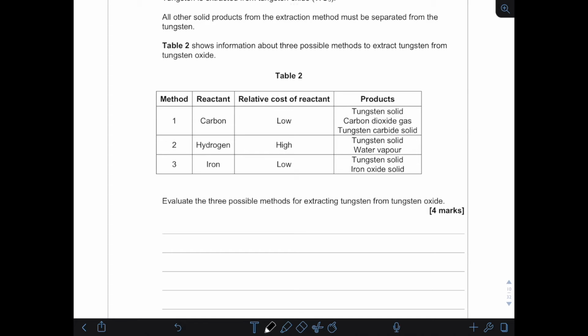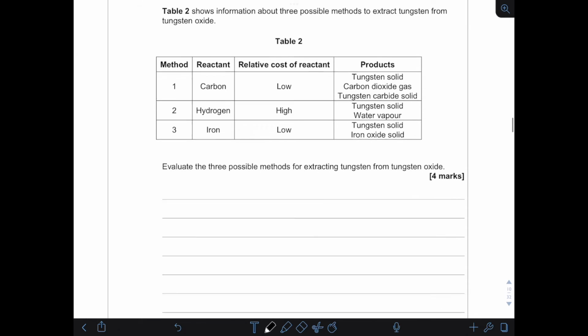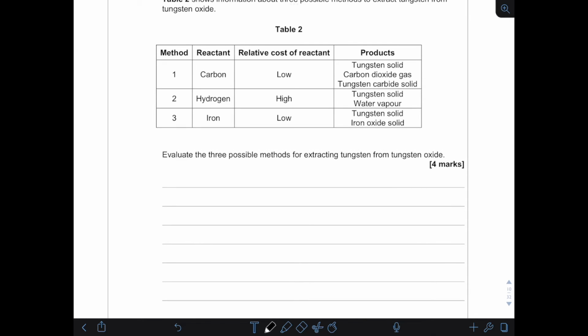So evaluating the 3 different methods, essentially the first method, this is quite hard to condense into 4 marks because I can say a lot about each of them. But that also means that you don't need to talk about absolutely everything here. So the first thing you probably should think about is cost analysis.